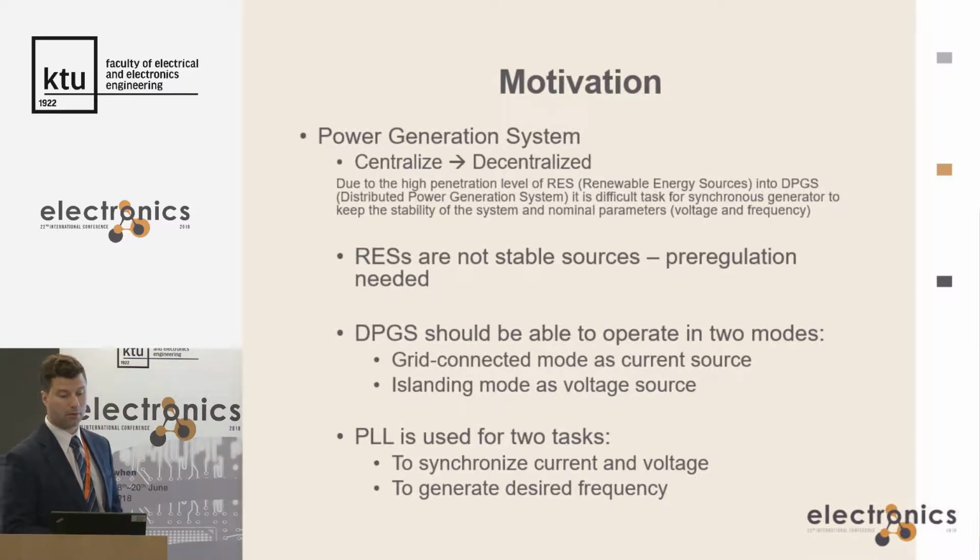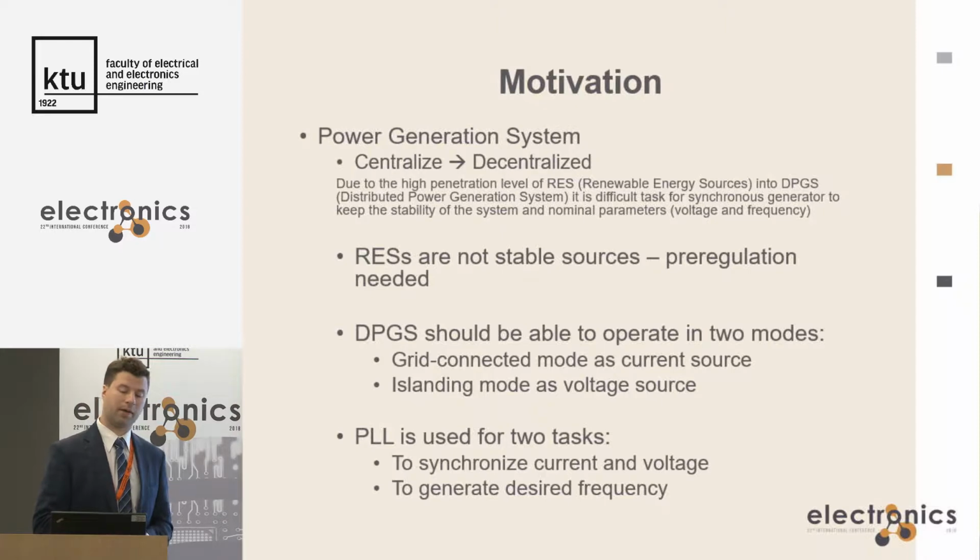But those small microinverters are not very reliable because they cannot work in the grid if there is no big synchronous generator which can keep the voltage level and frequency. That's why there are additional requirements for those microinverters.